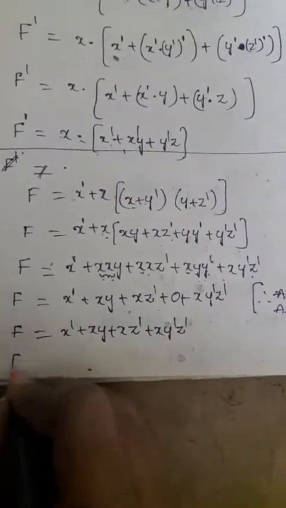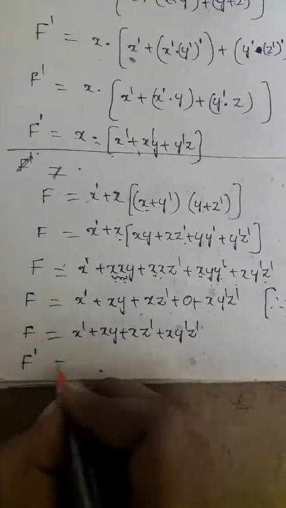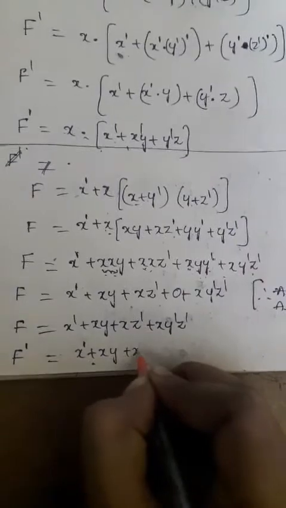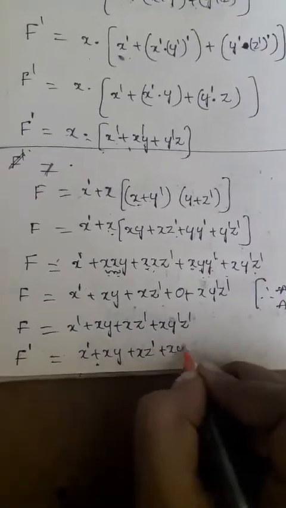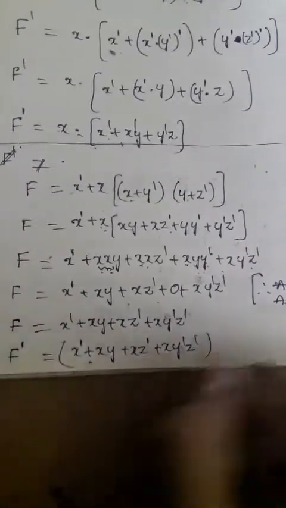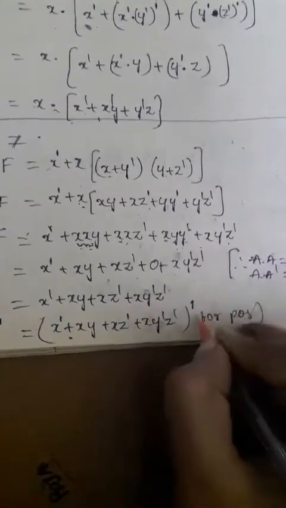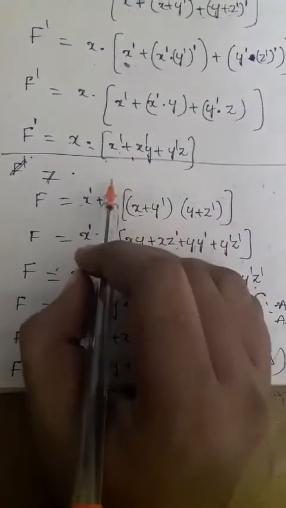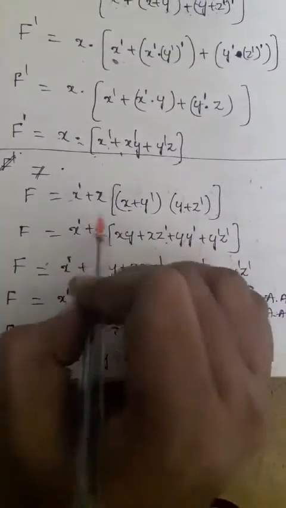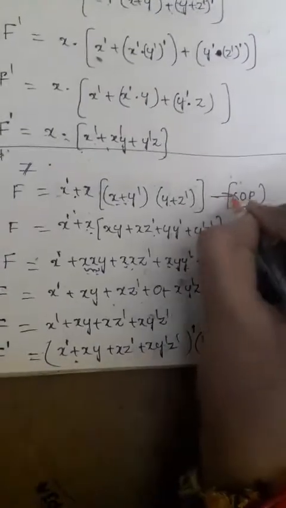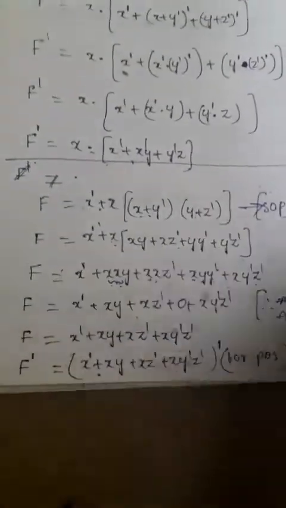So now I have to apply the complement for this. f complement is equal to x complement plus xy plus xz complement plus xy complement z complement of whole complement. So for POS. Okay, this is nothing but already in SOP expression, right? Sum of product. So now we have to convert this into POS for applying the complement.